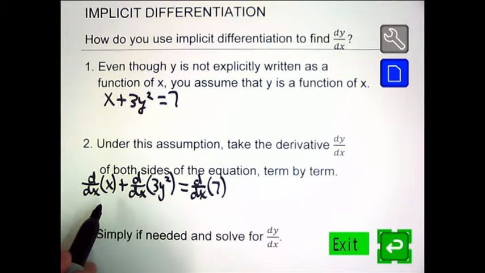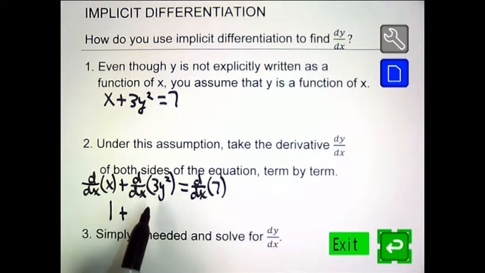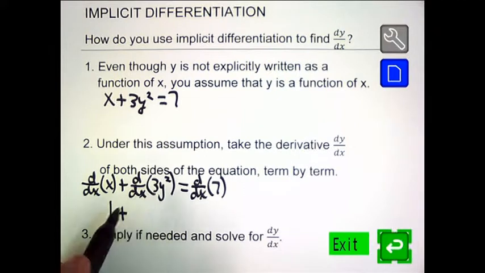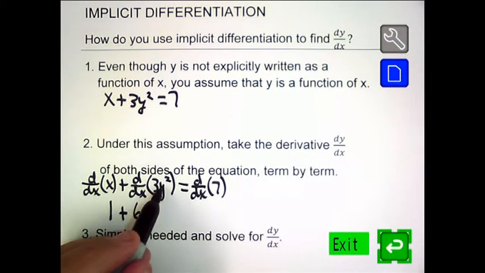Again, I don't want to get too caught up in the details right now, but that's the process. Now, the derivative of x is just 1. The derivative of 3y squared, by the power rule, if you just think about it that way, is going to be 2 times 3 is 6, and then the y to the second drops down to y to the first.